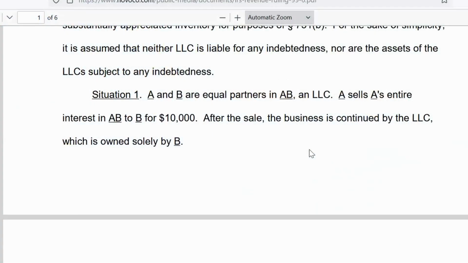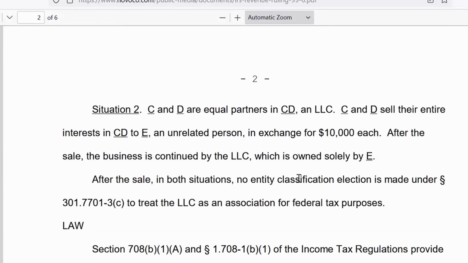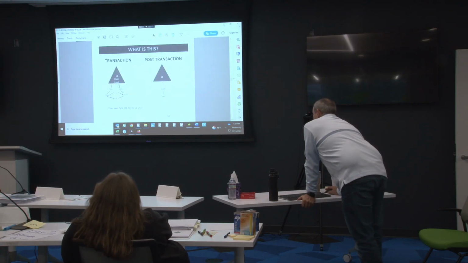Situation 1, A and B are equal partners, and A sells A's interest to B. And then 2, C and D are partners in C and D, and C and D sell their entire interest to E. So there's 2 scenarios that exist.